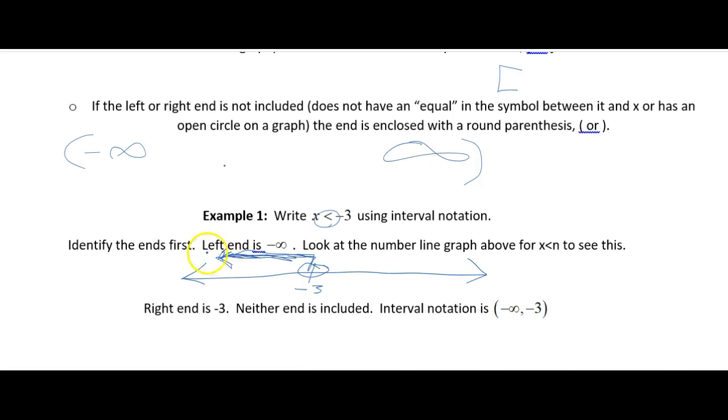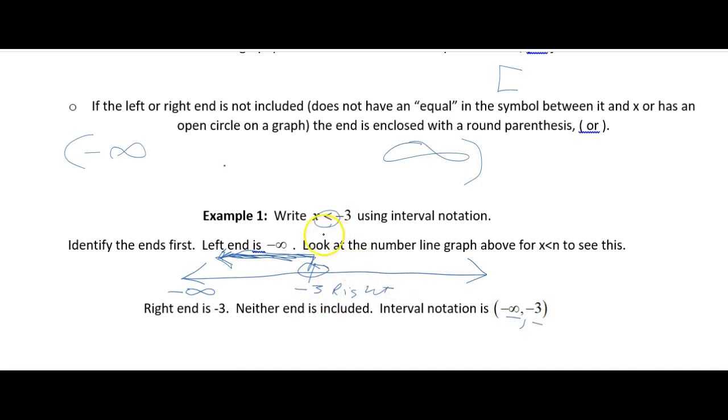So for interval notation, you need two values, a left value and a right value, to separate with a comma. The left value will be negative infinity. If you could keep going all the way to the end of the number line, you would get to negative infinity. So I write negative infinity with a comma, and then I write the negative 3 because that's the right end.